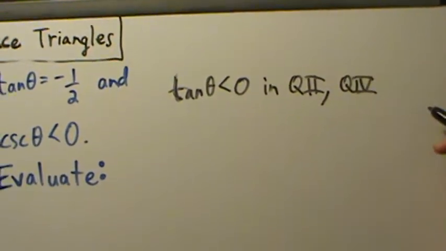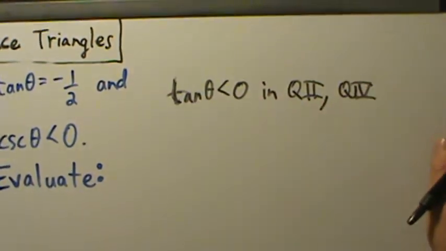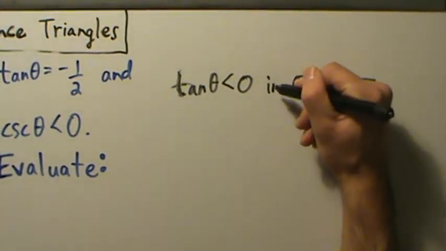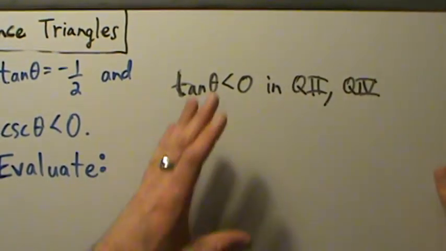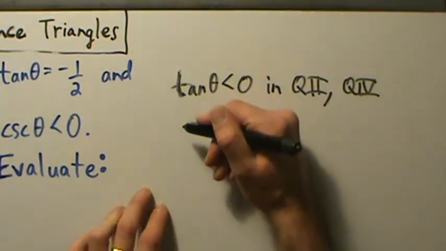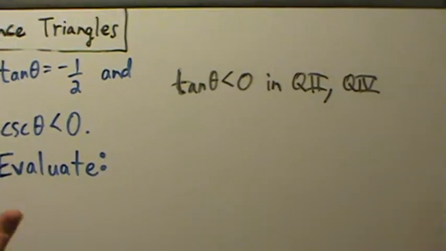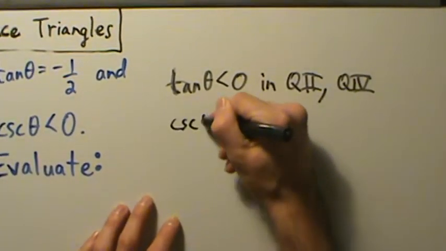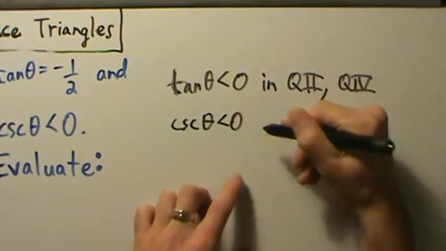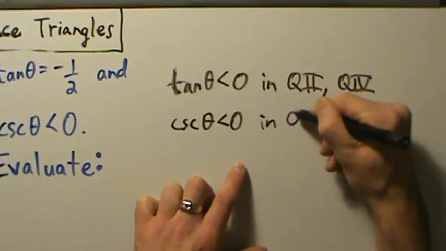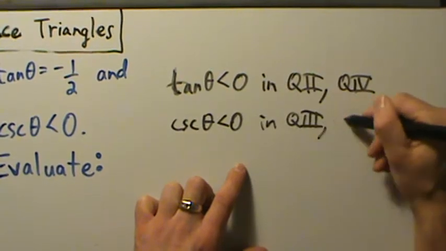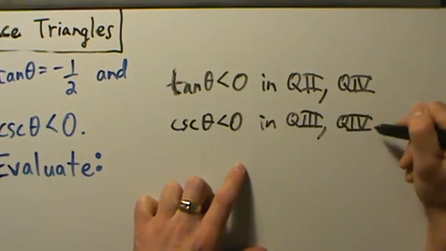Okay. So we talked a lot about that in an earlier video, and a few earlier videos, I think, where each trig function is positive and negative, in which quadrants. And we're also told that cosecant of theta is negative. So where is cosecant of theta negative? Cosecant of theta is negative in quadrant 3 and quadrant 4, right?